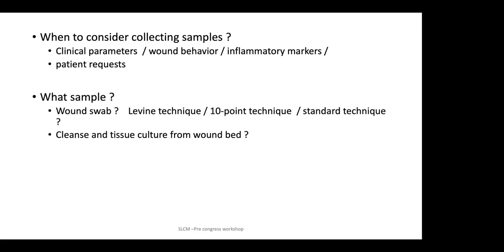What is important is to make sure you take a swab or a tissue sample at the right time. Between samples, it's often better to take a clean tissue sample rather than a wound swab. Not always easy in a ward, but it will be the better sample to take if possible.